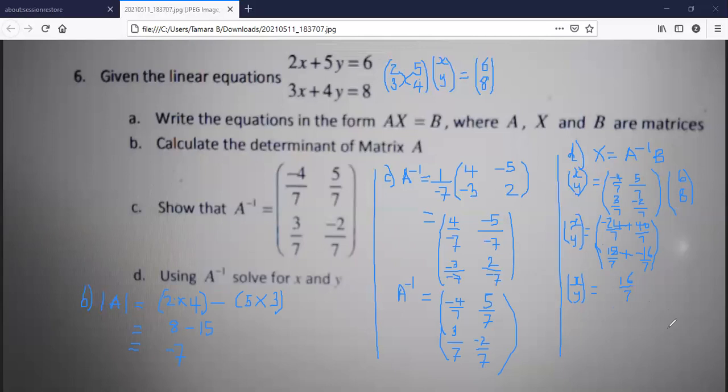Right? And 18 plus minus 16. A plus and a minus there, guys, dissolve into a minus, right? So 18 minus 16, that's 2 over 7.